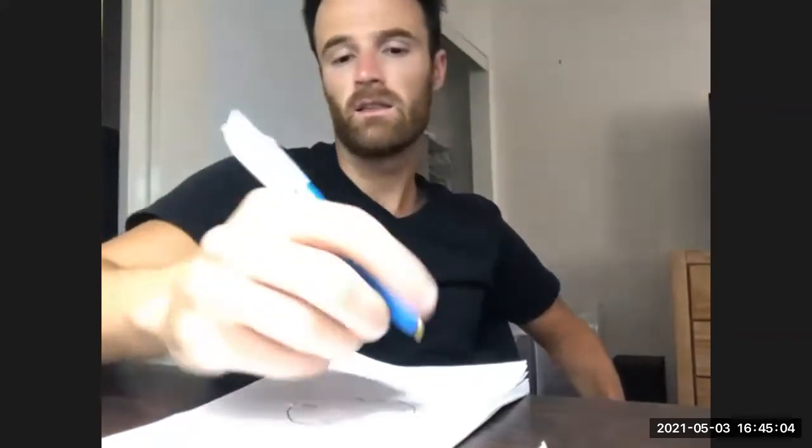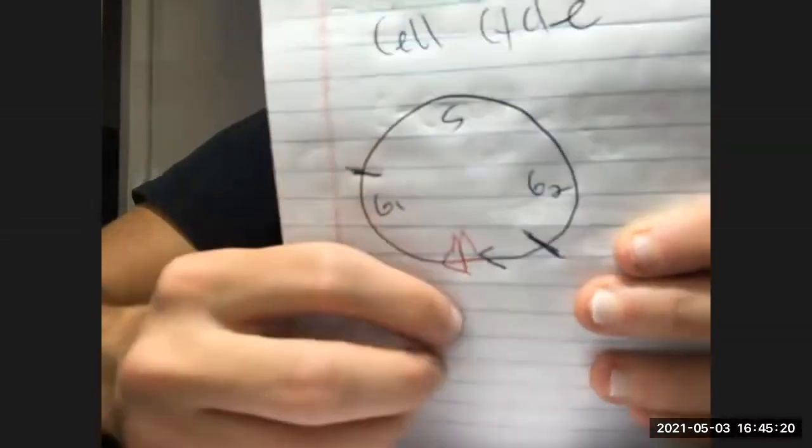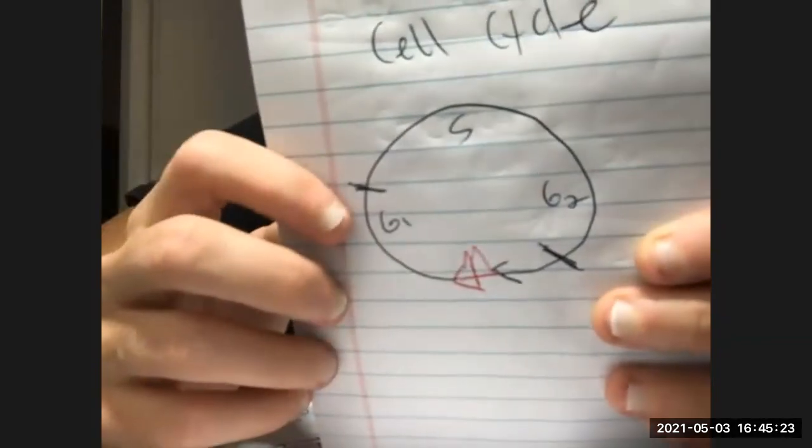There are a couple checkpoints that the cell has to really pass. Can't fail these checkpoints in order for the cycle to keep going and to proceed. Like there's a G1 checkpoint, there's a G2 checkpoint before cell division, and then there's also a checkpoint in mitosis, right? That metaphase checkpoint. So I kind of drew some lines here. And really these checkpoints are checking for, it's here, yeah, just the G1 checkpoint.